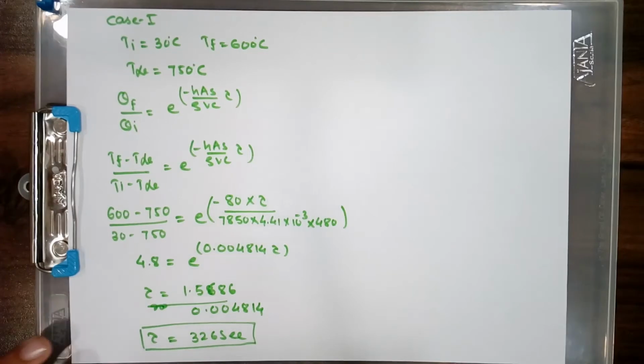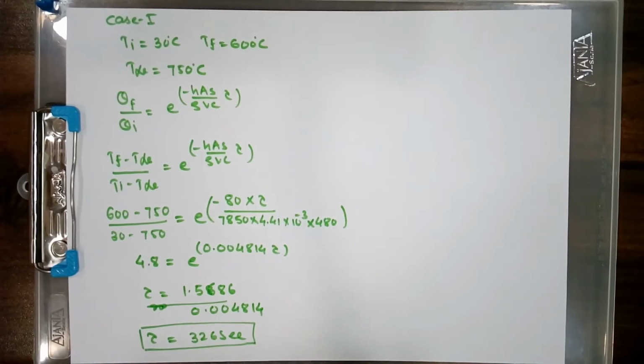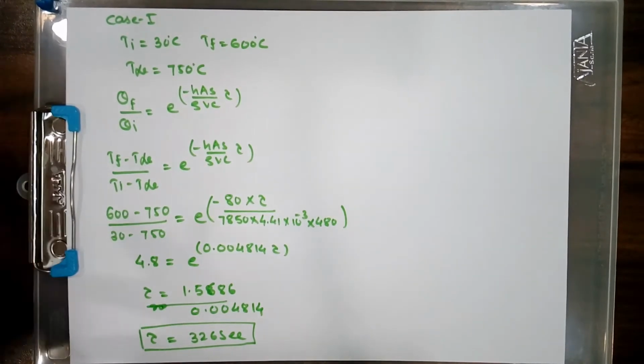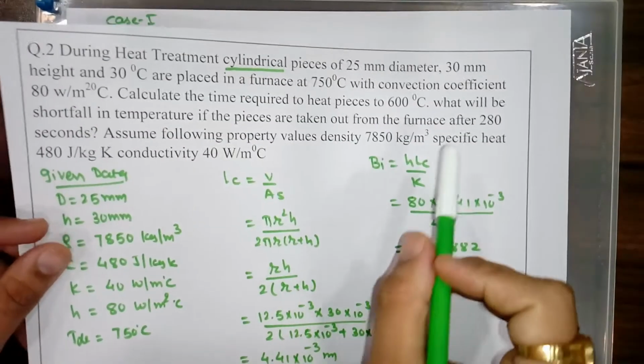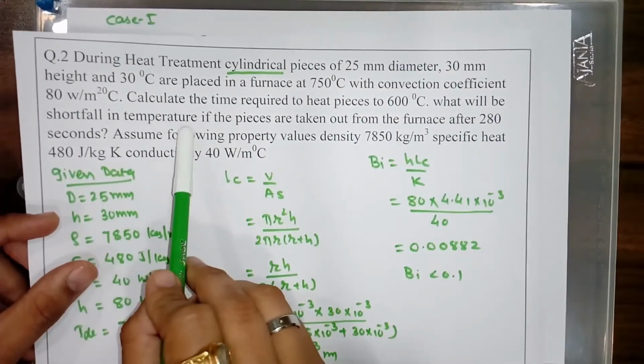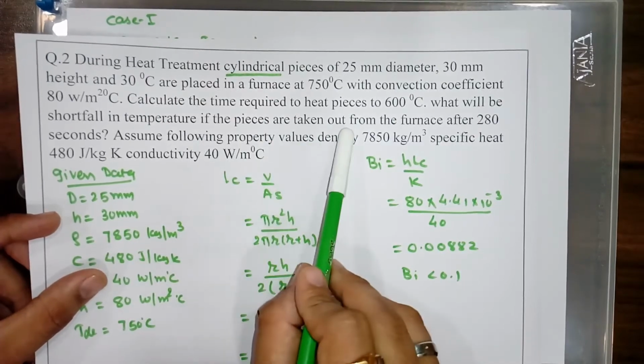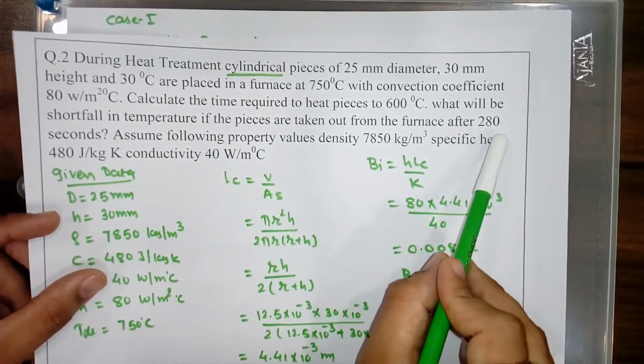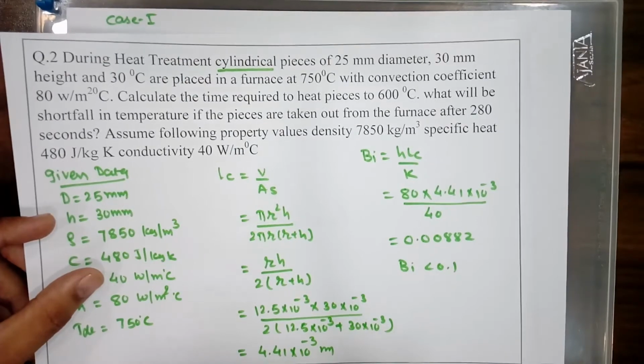So this answer indicates that the piece of cylindrical material put in a furnace of 750 degrees centigrade will take 326 seconds to reach from 30 degrees centigrade to 600 degrees centigrade. Now in the numerical, it is also asked what the shortfall in temperature will be if the piece is taken out of the furnace after 280 seconds.